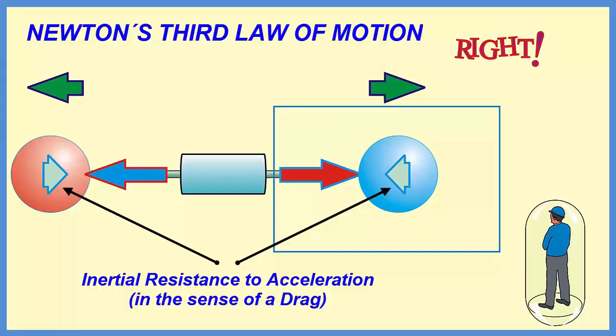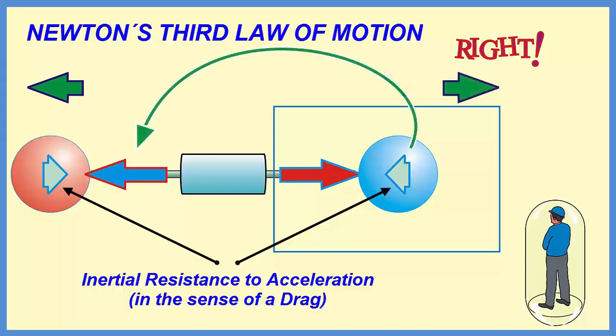Instead of a force of inertia a body would apply upon itself, it manifests an inertial resistance to acceleration, in the sense of an inertial drag. According to Newton's commentary to definition 3 in the Principia, that resistance drag is manifested in the context of the third law of motion, therefore, it will act upon the other body of the system as a force.